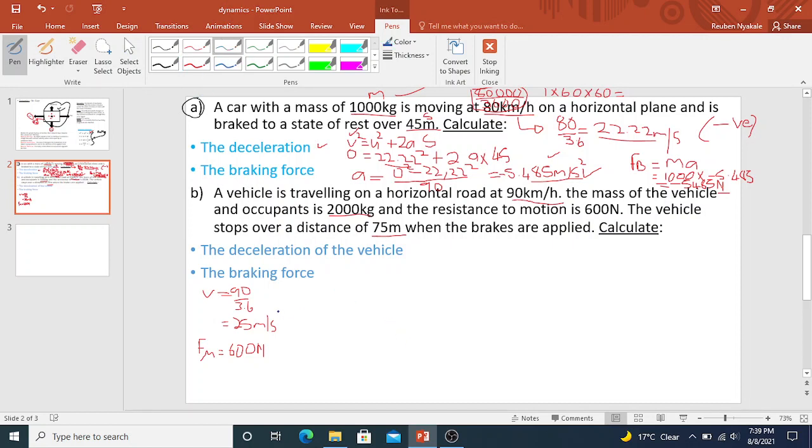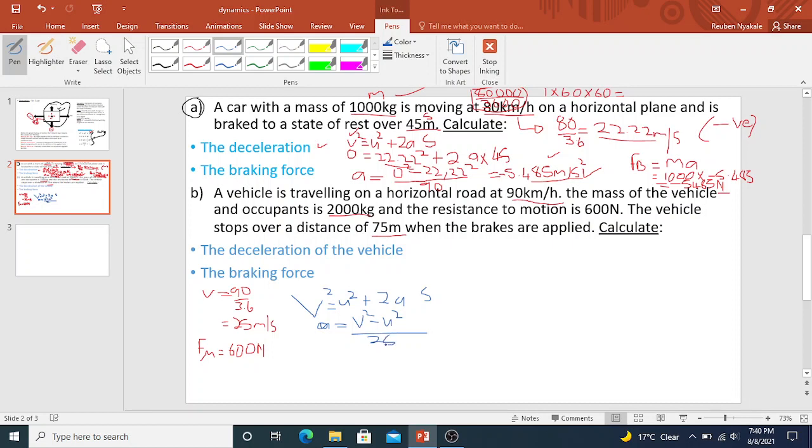Now we have V squared equals U squared plus 2AS. We are looking for A. Now our A would be V squared minus U squared, divided by 2S.